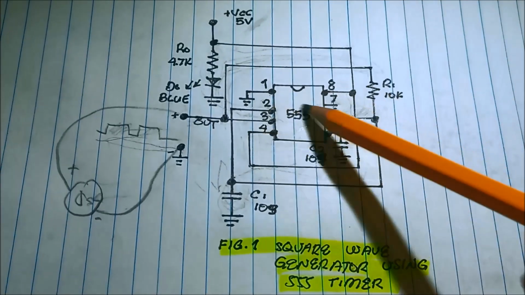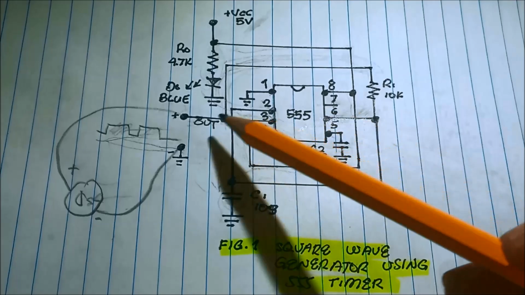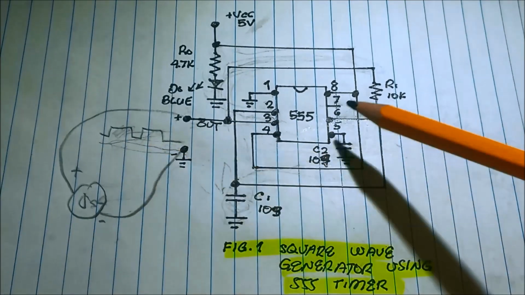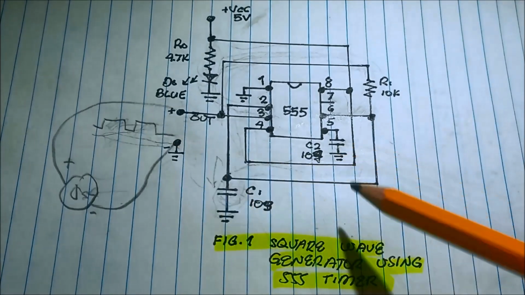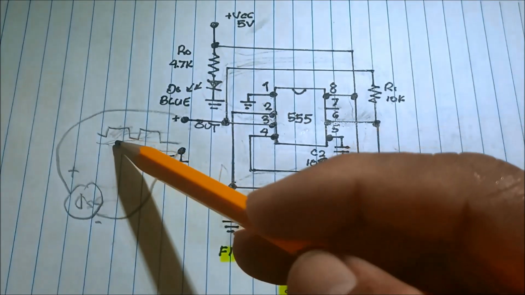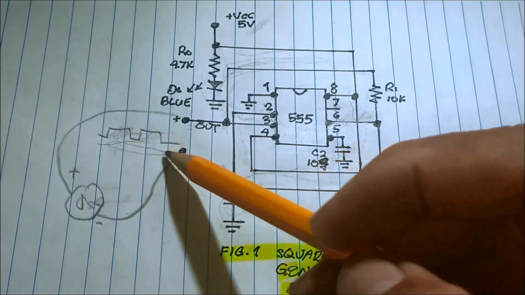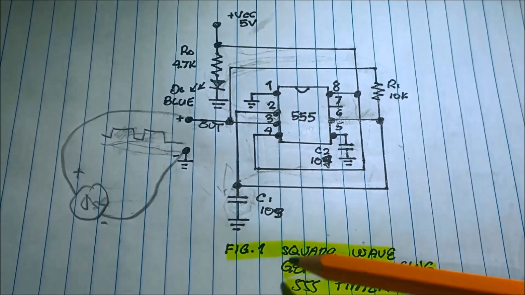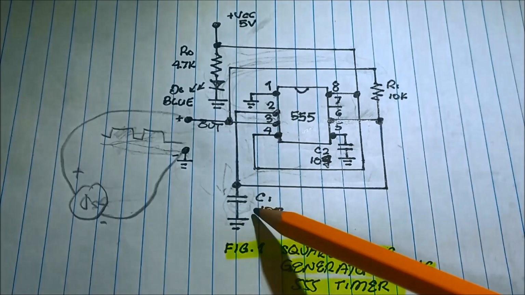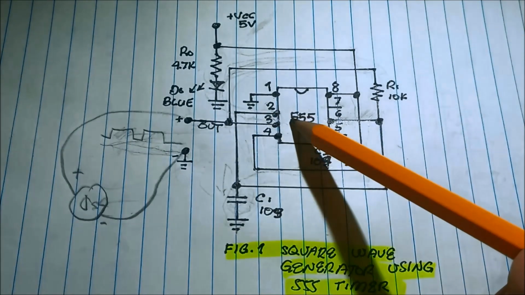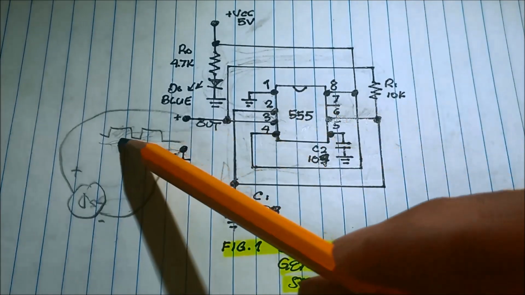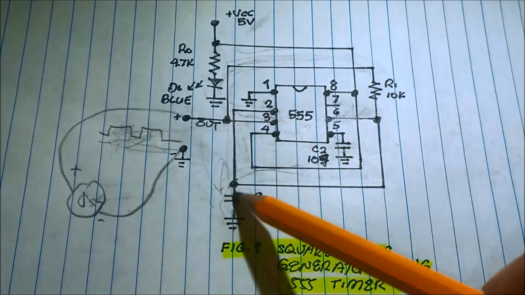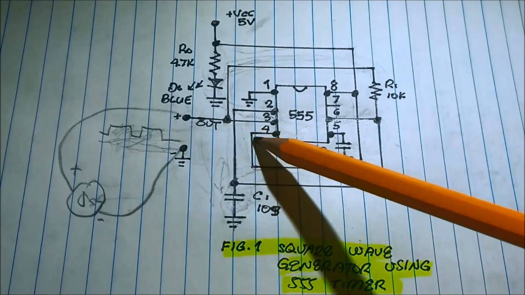So the main purpose of the 555 here is just a square wave or rectangular waveform. It looks more like a rectangular waveform generator. Okay, due to the charging and discharging of the capacitor, there is an output in the circuit.